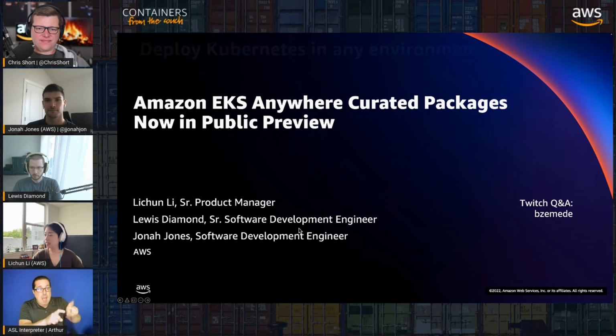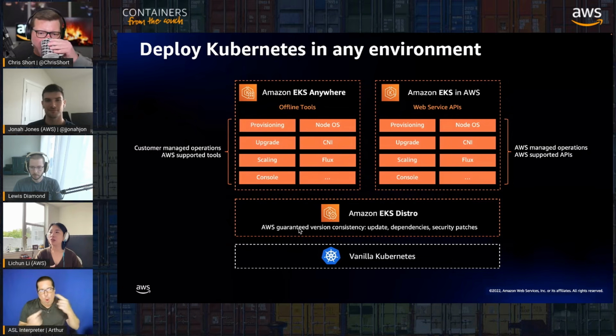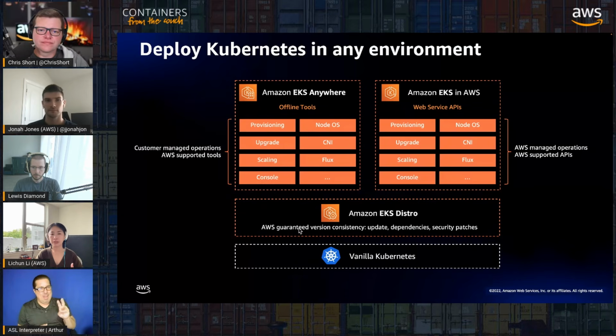Now, before I jump into talking more about curated packages, let's do a quick recap of EKS Anywhere. I'm sure that you guys have heard a lot in the last session about the use case of EKS Anywhere. What exactly is EKS Anywhere? Especially, what's the difference between that and EKS Distro and EKS in the cloud?